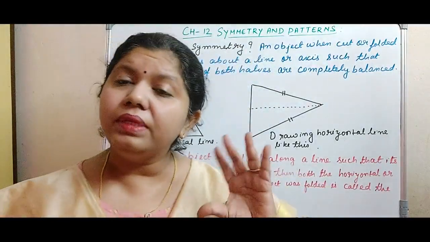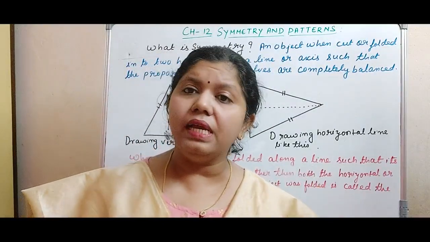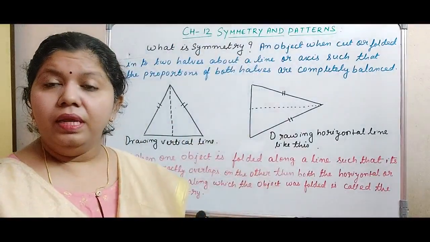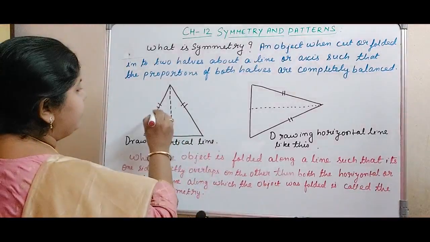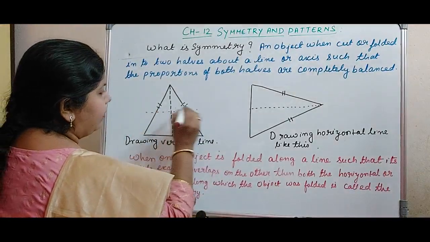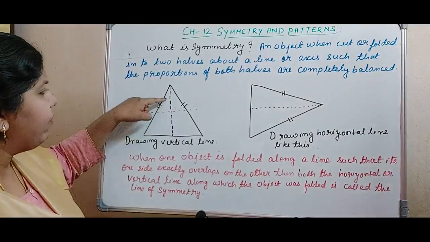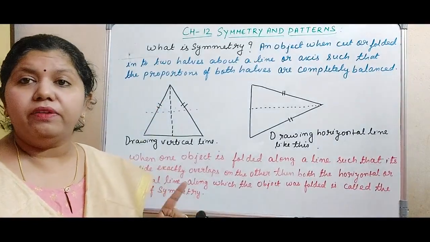where a doubt may come to mind: whether every object will have only a single line of symmetry, like we had in this particular figure. In this figure, if we draw a line in this way, is it possible? Is this line dividing this triangle into two equal halves? No, it's not dividing.